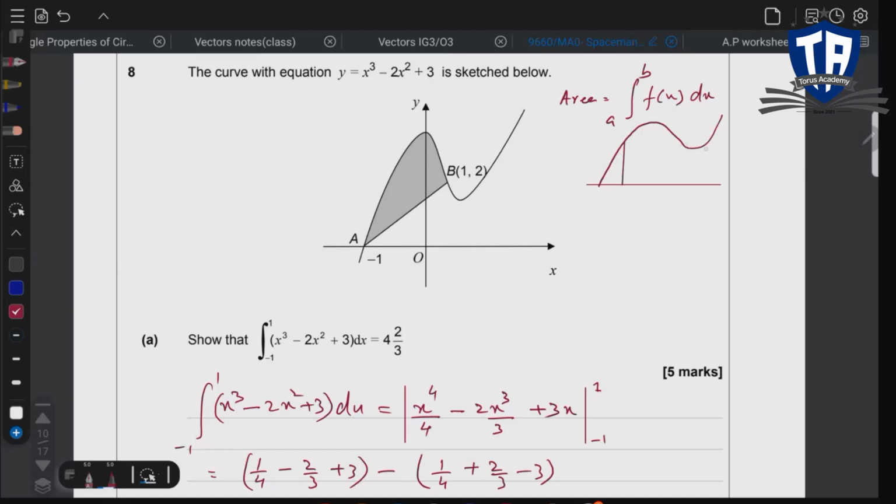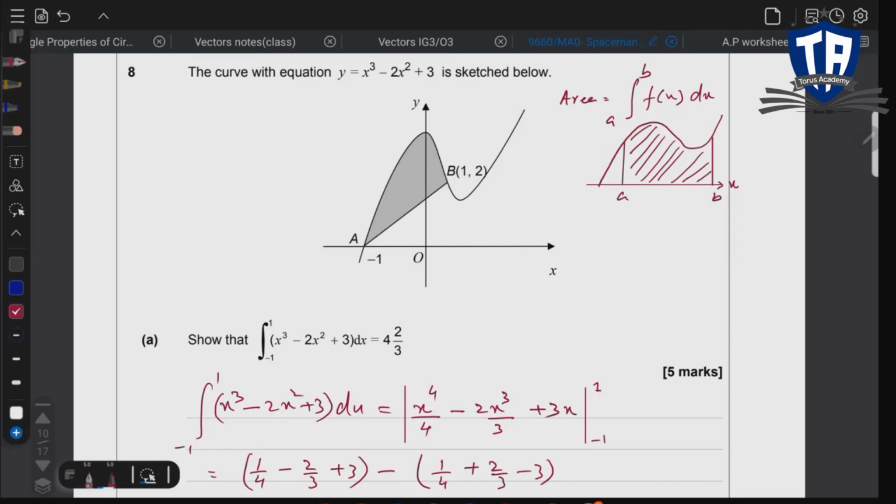The area will be enclosed by the curve, the x-axis, and the lower and upper limits. If you use this concept, it would give you this whole, complete area.